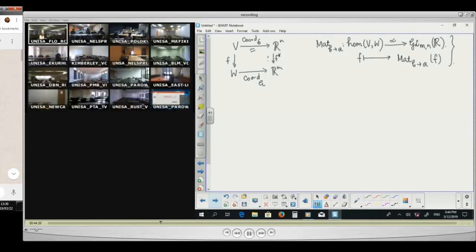Every linear transformation is represented by its matrix, which is obviously a matrix transformation, which is a transformation matrix, as we saw. So matrix transformations and linear transformations are nonetheless the same thing under this bijection. Okay? So this is what is going to come in handy for us.